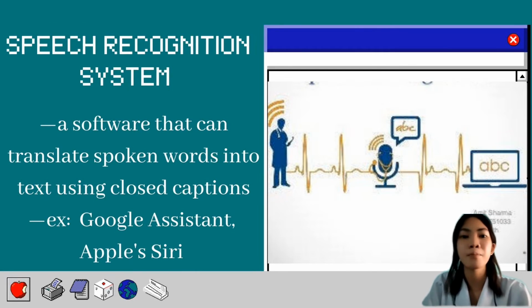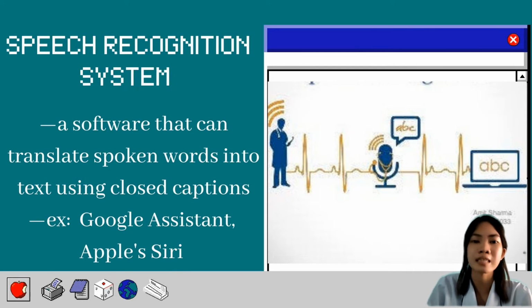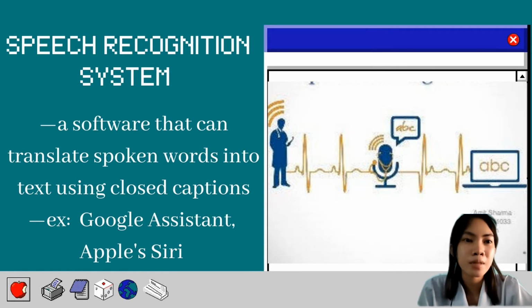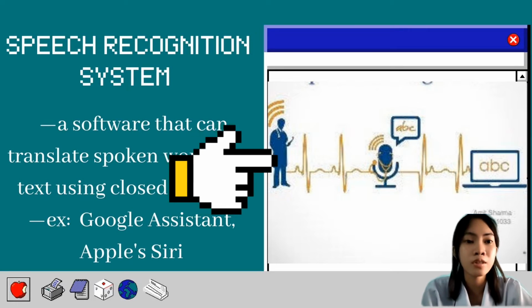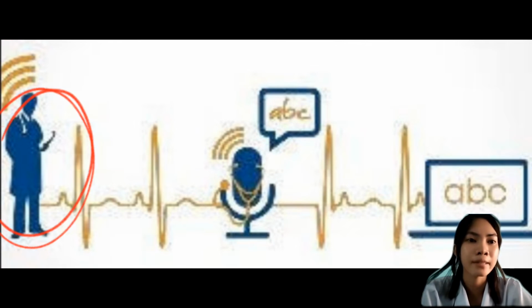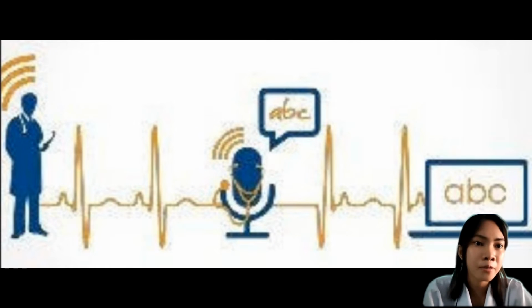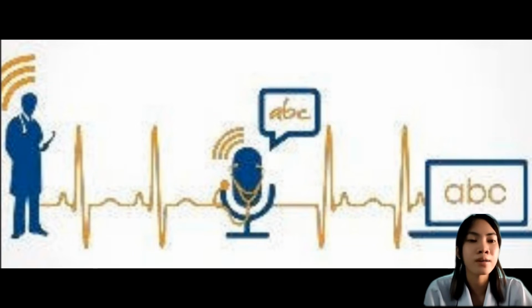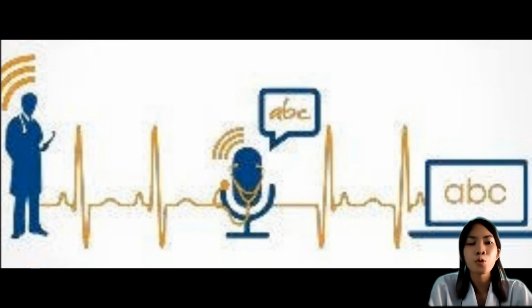So examples of speech recognition systems are Google Assistant and Apple Siri. And on this image here on the right side, there's a silhouette of a man, a microphone, and a gadget, which is specifically a laptop or a computer. So using a gadget, we are going to speak.